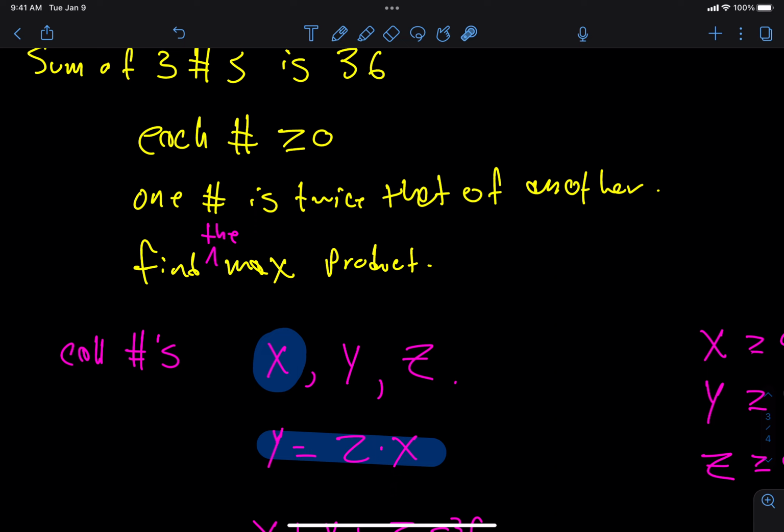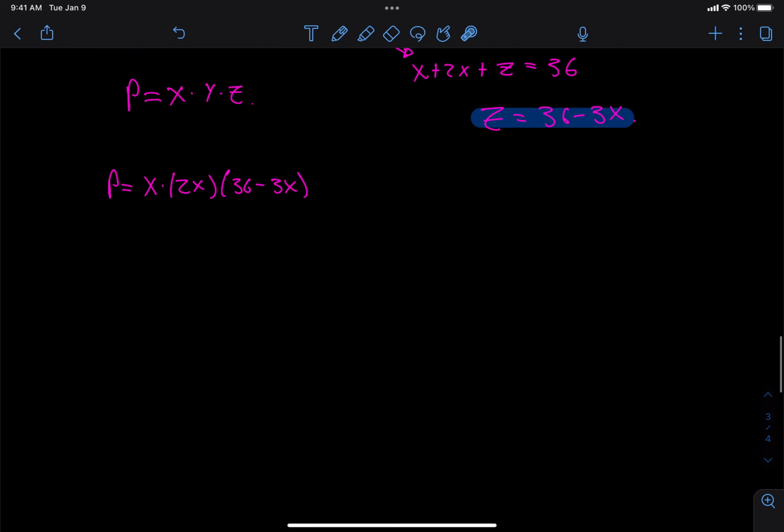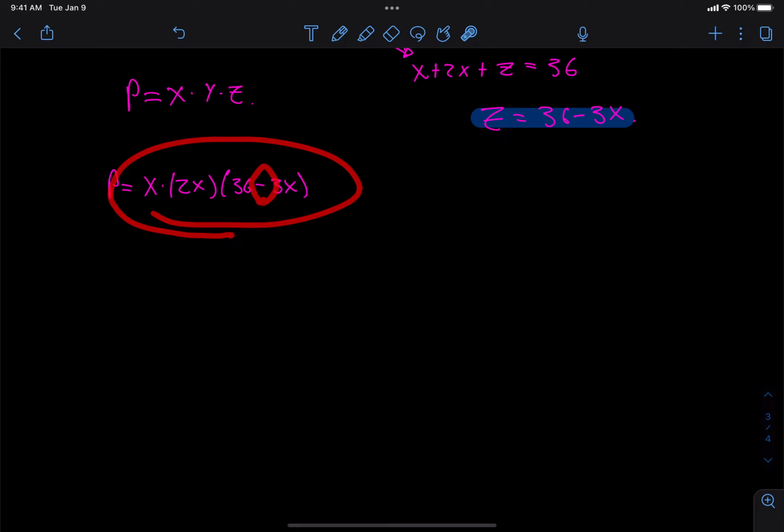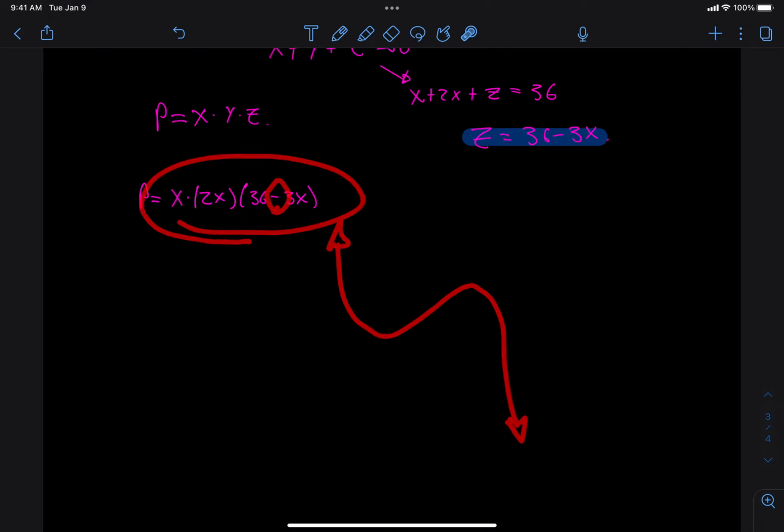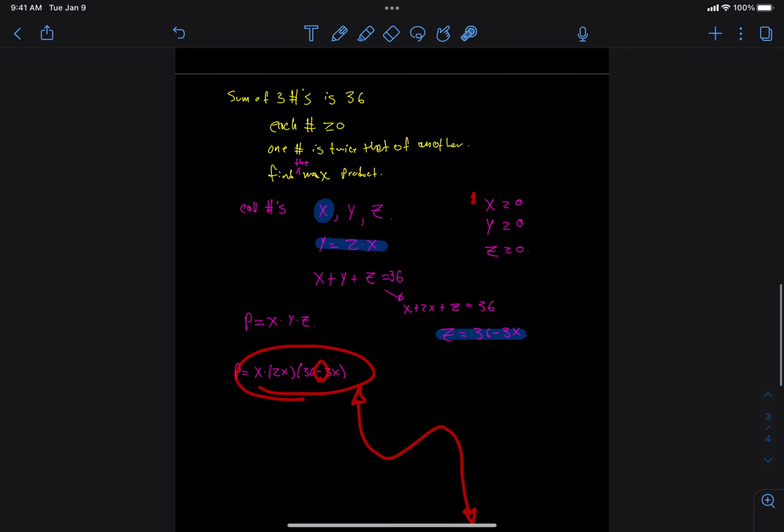Well, I have a function which is a cubic polynomial with a negative coefficient on the cubic term, which means that this function looks like this. And it's asking me for the maximum. Well, there is no maximum of a cubic function unless you specify the domain. It turns out the domain is specified, because we have these 3 conditions that all 3 of these numbers must be positive.